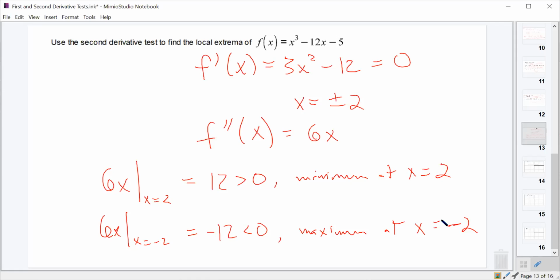And if we were to do the sign chart, we could use the sign chart just to check our work if we wanted to. But remember, we did this one before. If we plug in something in between like 0 to our derivative, we get negative. And if we plug in something greater than 2, like 1,000 to our derivative, we get positive. And also we get positive over here, which would tell us increasing to decreasing to increasing, or a local max at -2 and a local min at 2.